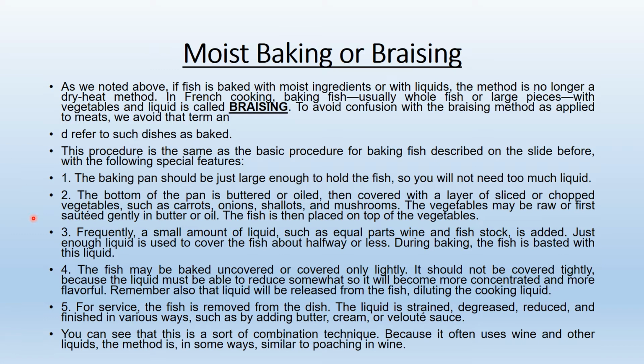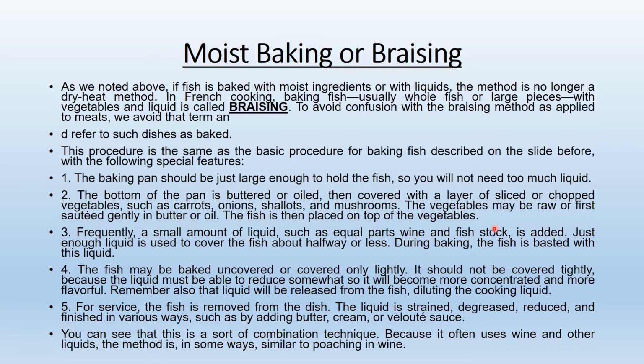I just put this as an example. The vegetables you use can be raw or sautéed before placing in the baking pan. Of course, you can sauté them with coconut oil, veggie oil, olive oil, whatever is your favorite oil, or with butter.